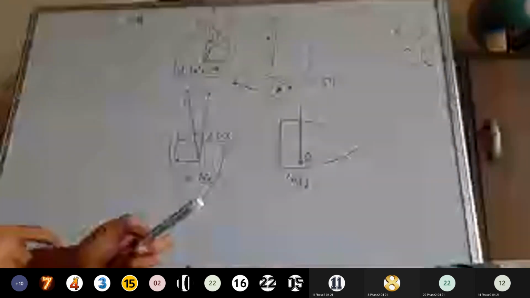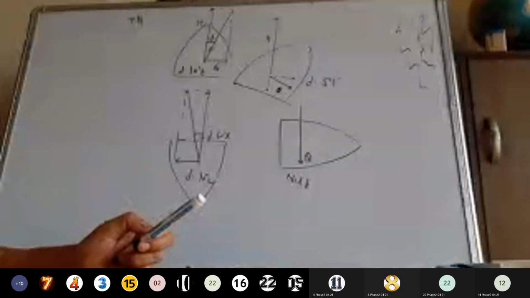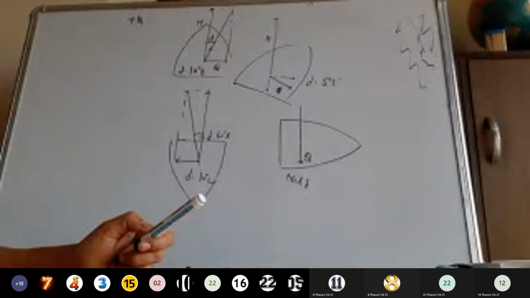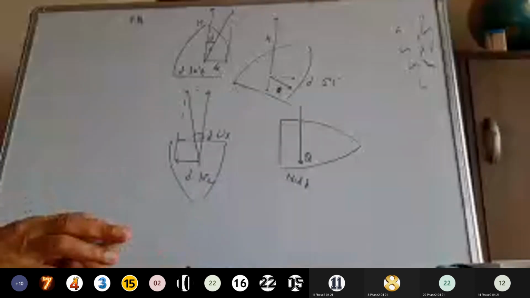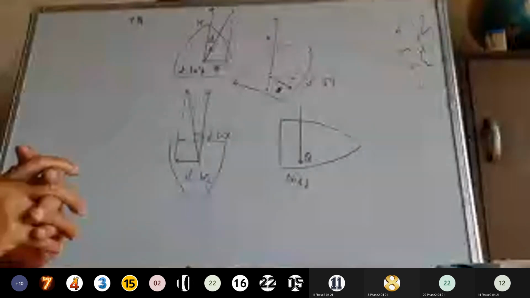But these components, P and Q, are trying to deflect the magnetic compass away from that direction, thereby causing the deviation. How much deviation they will cause will also depend on the heading on which the ship is sailing. That is why you have different deviation on different headings.